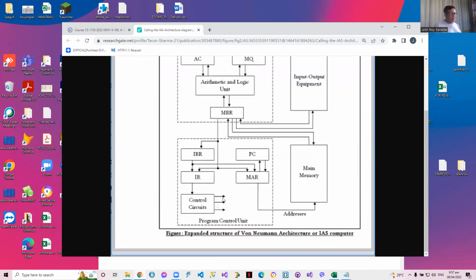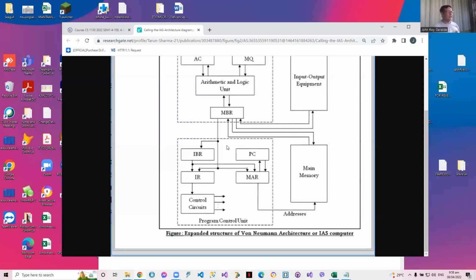The program execution is done by the program control unit. It has an instruction buffer register, IBR, and a memory address register. The instruction buffer register is used during the fetch. Do you follow? When an instruction is loaded from memory into the CPU, it goes to the instruction buffer register. And the instruction buffer register is further split into two, because the instruction contains two parts: an operation and an operand.